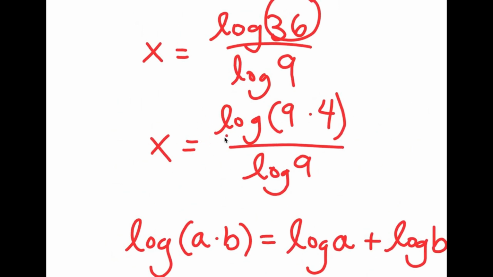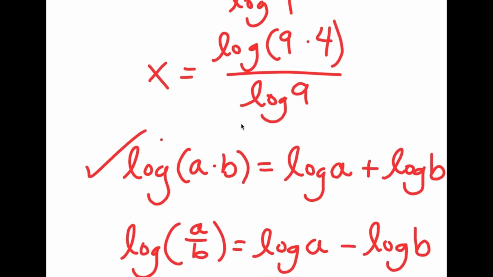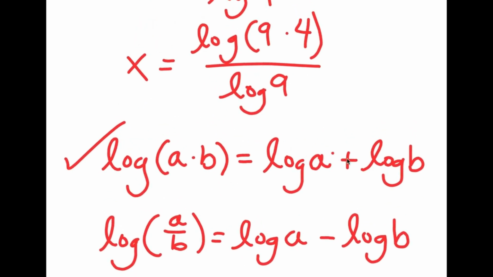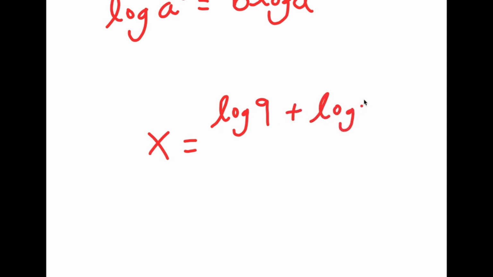Now going back to our problem, we have x is equal to log 9 times 4 over log 9, and as you can see, we can use our first property here. Log a times b is equal to log a plus log b, on log 9 times 4. So now we get x is equal to log of 9 plus log 4, and I have this over log 9.